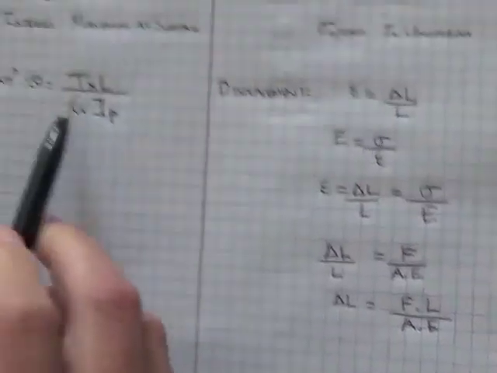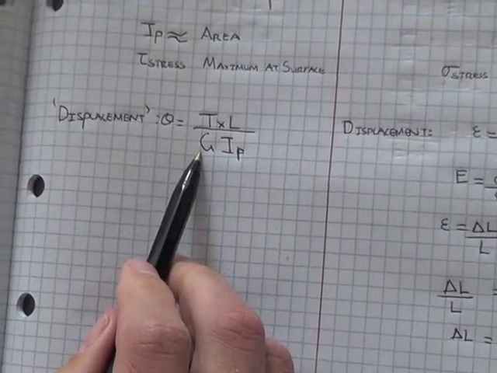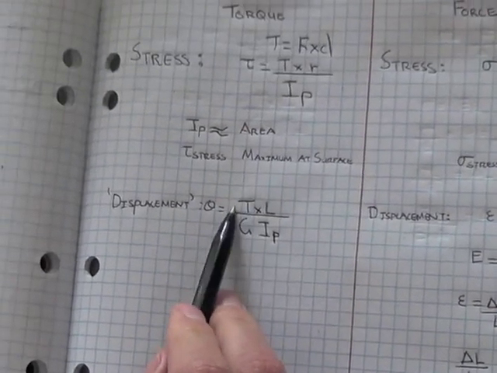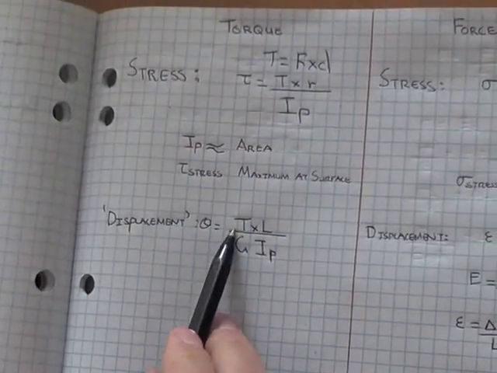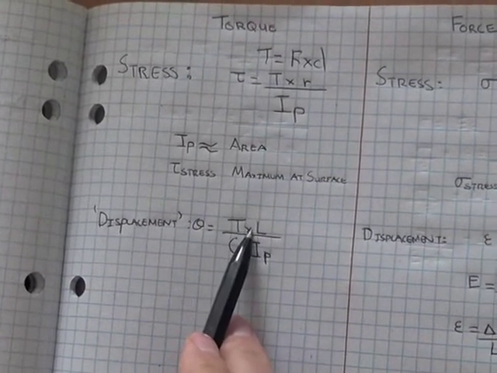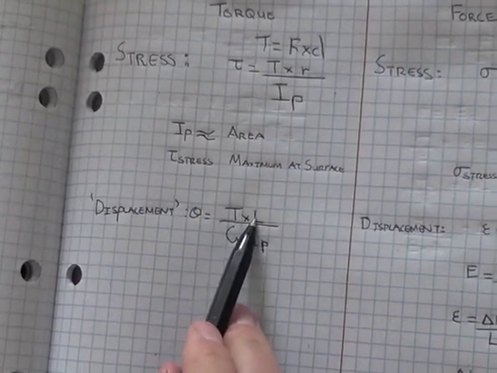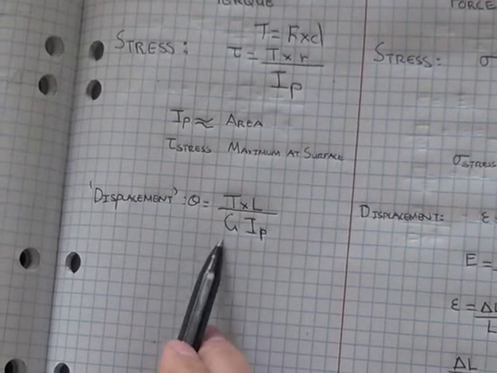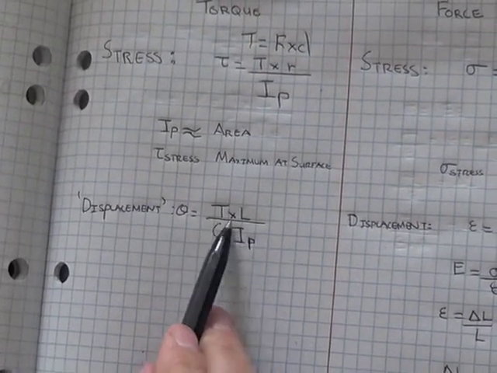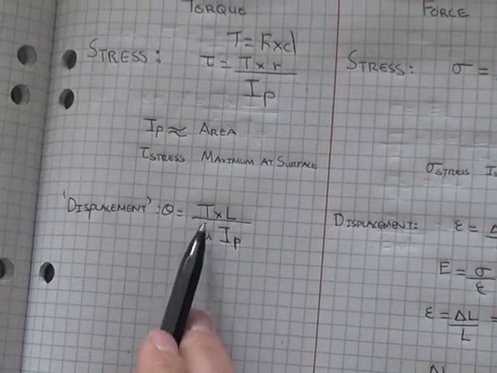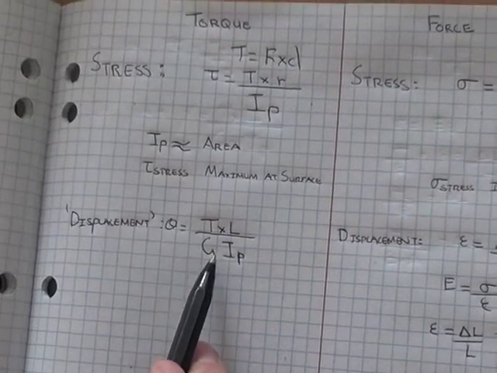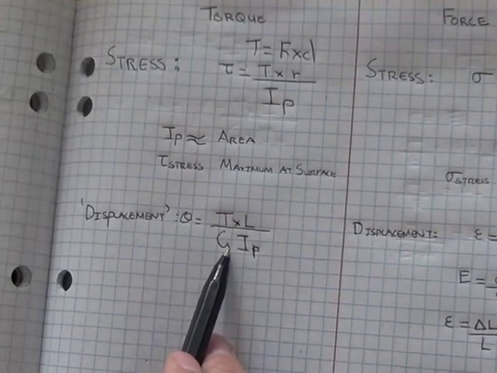So now if we move over here to torque, you can see something similar. Torque, which is force times distance and can be considered our force in this situation, times the length of the object that we're twisting, divided by the shear modulus times the polar moment of inertia. The shear modulus is essentially the Young's modulus, but for a torque scenario.